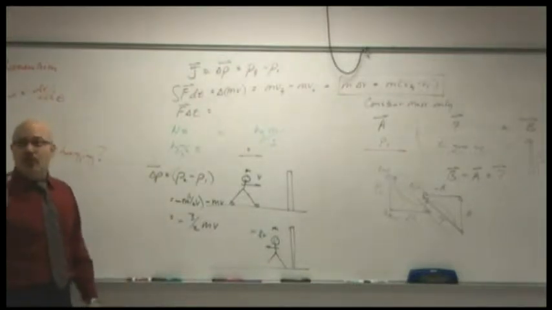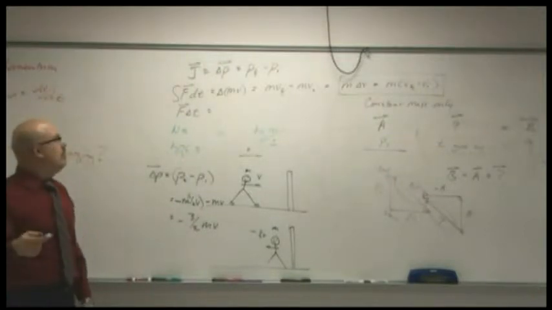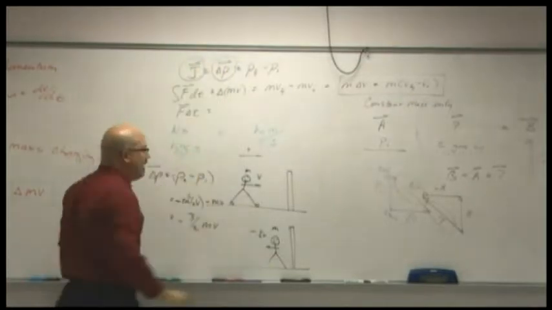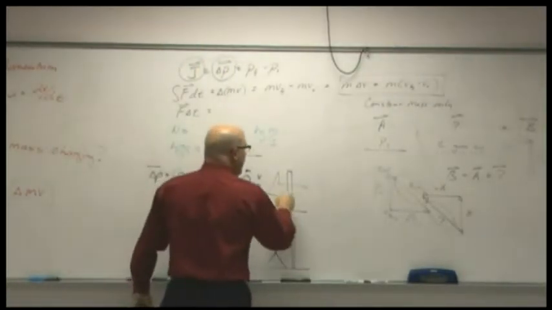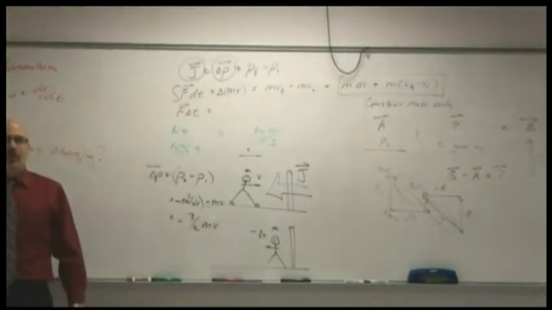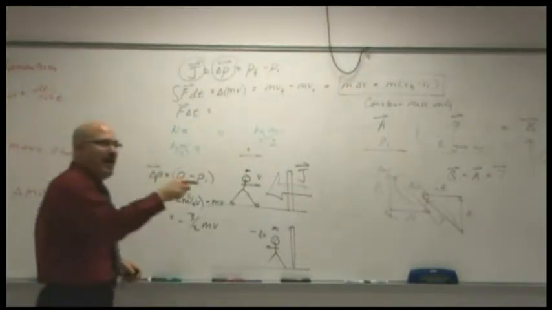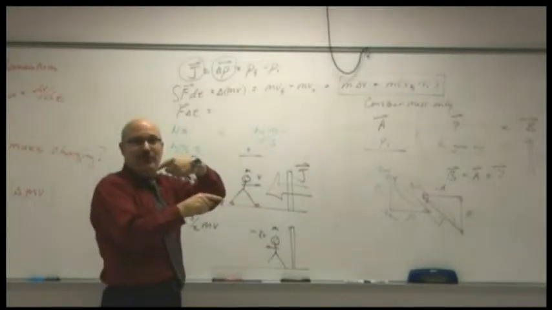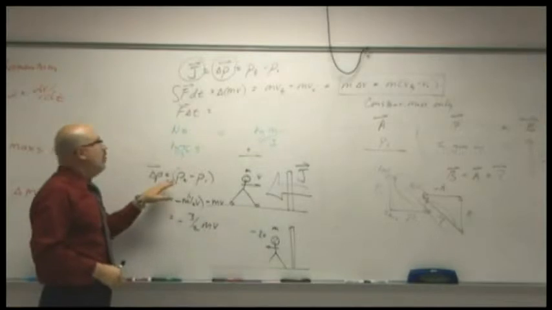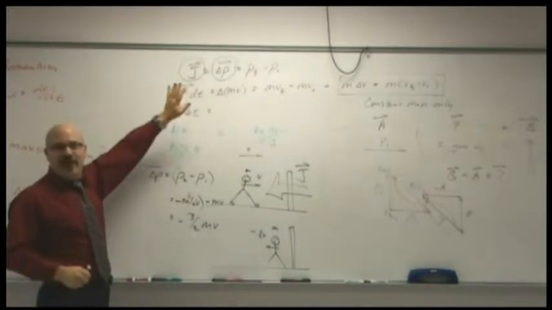Okay? So which way is the impulse then? Whatever direction this is, the same direction as this, right? So the impulse is this way. Now, somebody explain to me why that makes sense. Yeah, because if you're going that way, you need a force this way to turn you around, right? So that should all make vector sense.